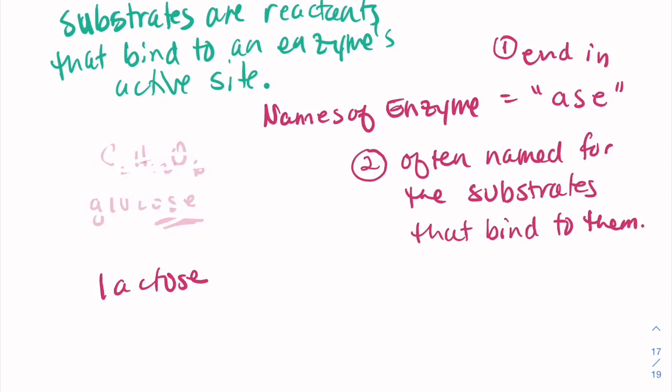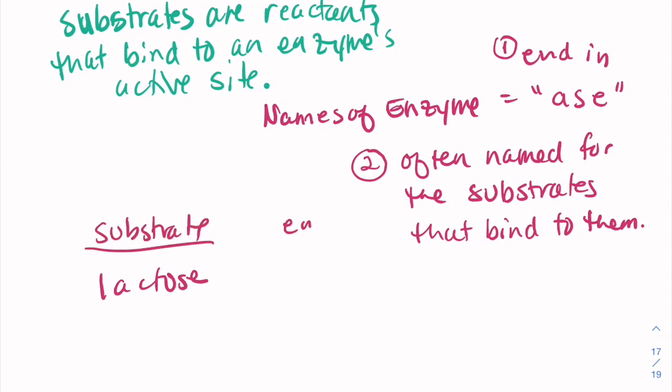Let's get rid of glucose. If the substrate is lactose, the enzyme that binds to lactose at its active site is called lactase. This gives us an idea of what the enzyme lactase does. Well, it binds to lactose and it helps break down lactose.